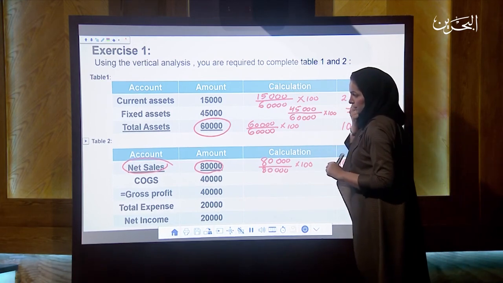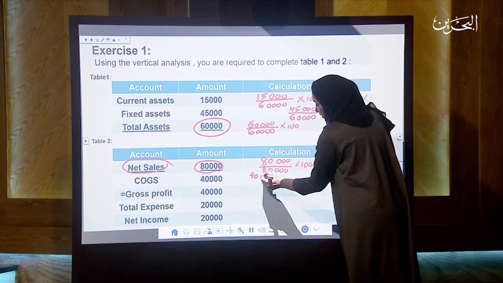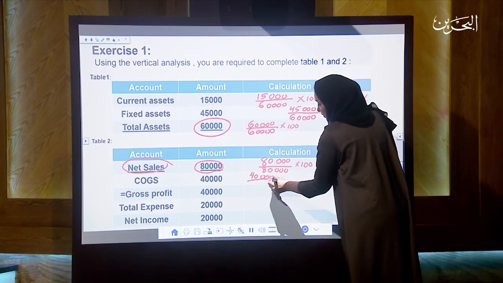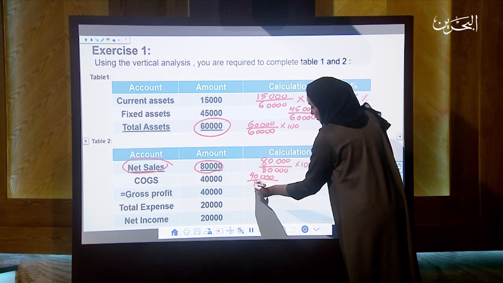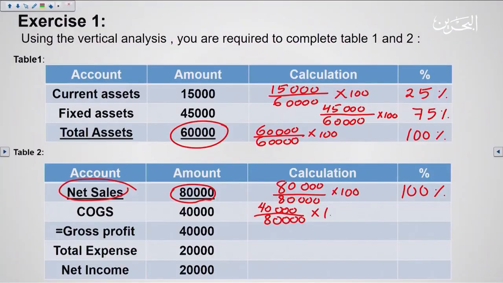Cost of goods sold, 40,000, also divided by net sales, which is 80,000, multiplied by 100 equals 50%.